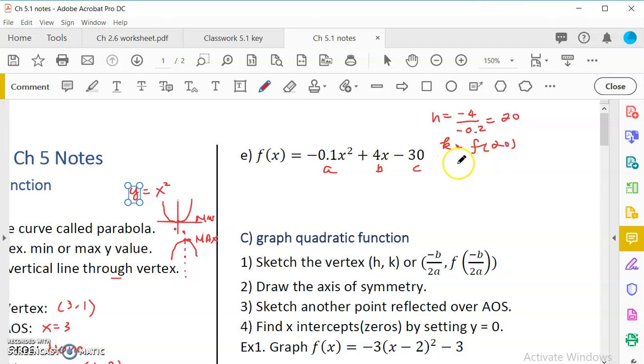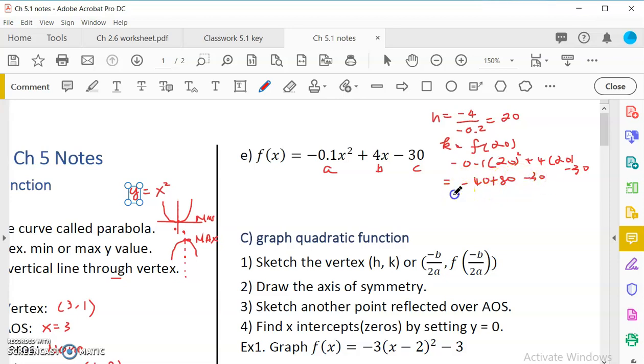So k is f of 20. You plug it in: negative 0.1 times 20 squared plus 4 times 20 minus 30. So 20 squared is 400, and 400 times negative 0.1 is negative 40. Negative 40 plus 80 minus 30.